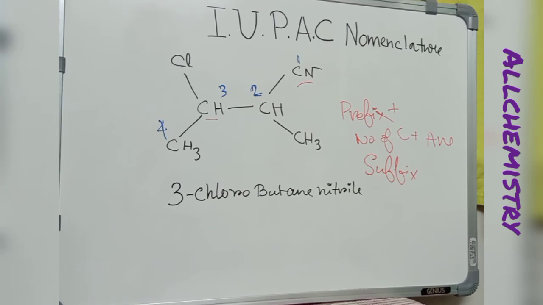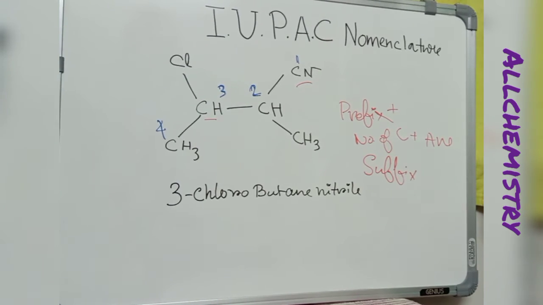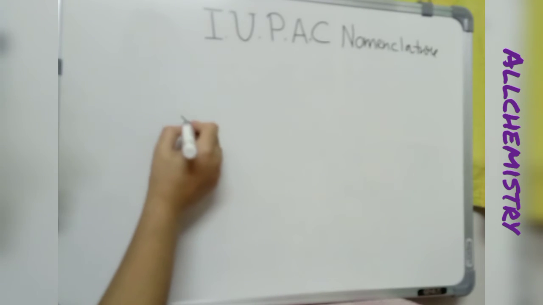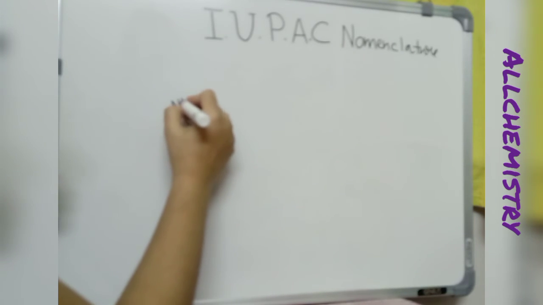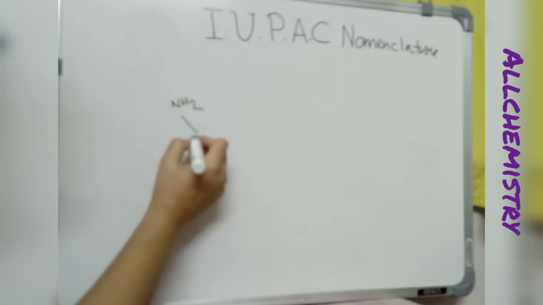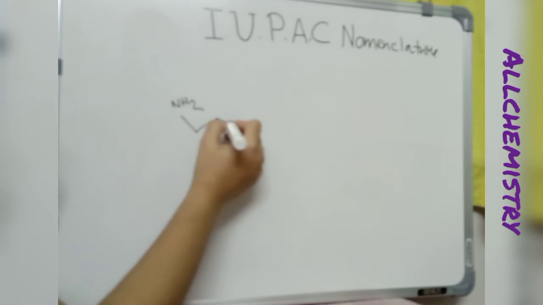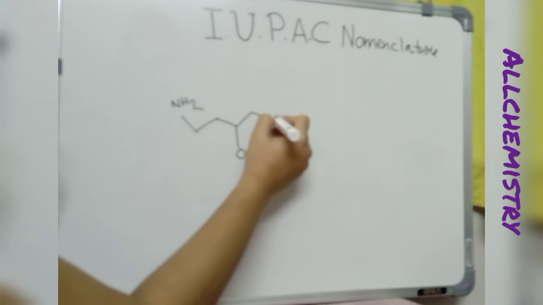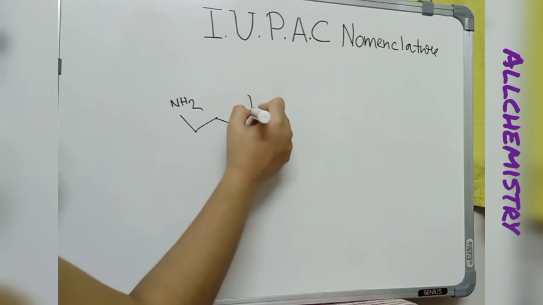So we will move towards a third example. This time I am going to take an example with 3 substituents. Like I have NH2 as one substituent, OH as another, and CO2H as the other one.